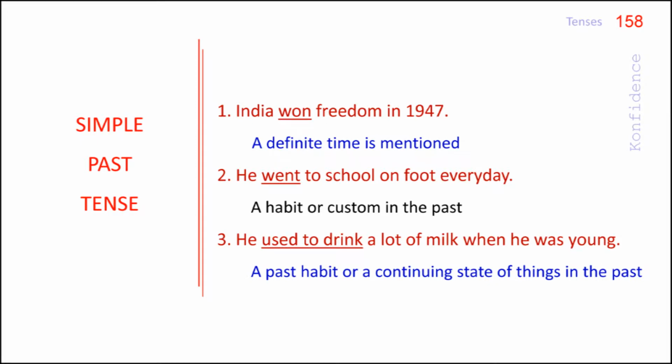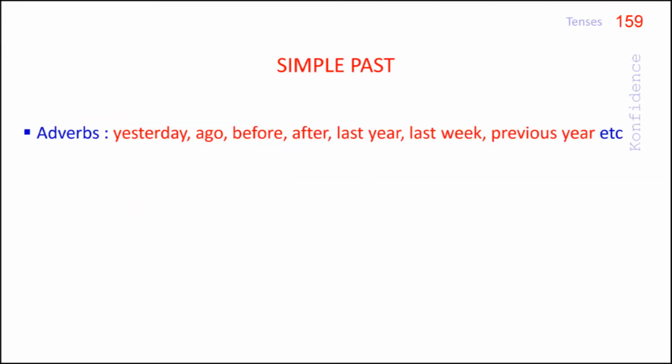A past habit or a continuous state of things in the past can be expressed by using used to. Even though used to is followed by a present verb, it indicates past action. Adverbs like yesterday, ago, before, after, last year, last week, previous year, etc. are used to denote this tense.